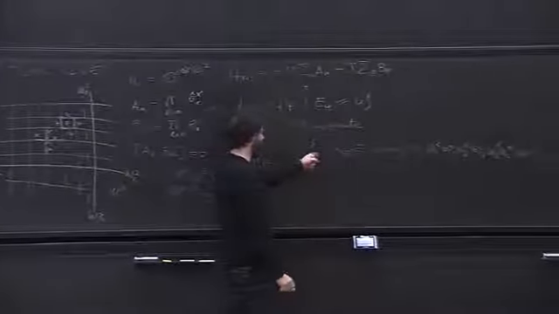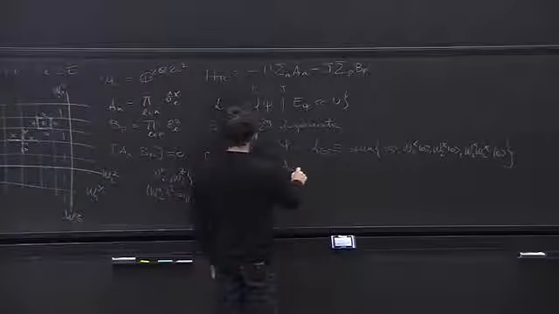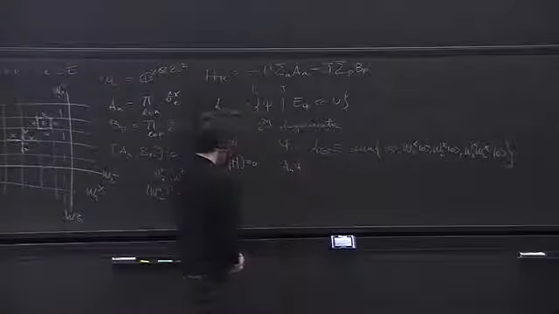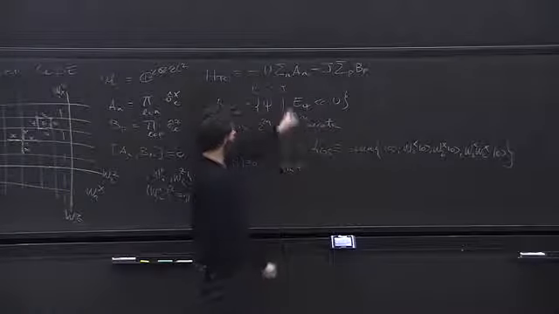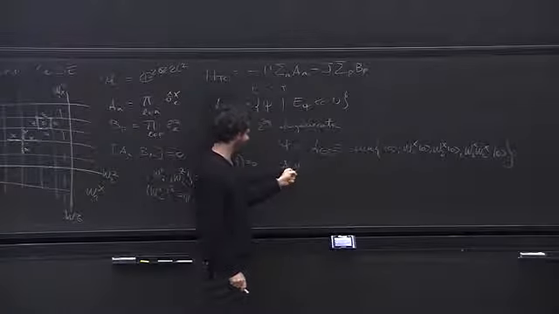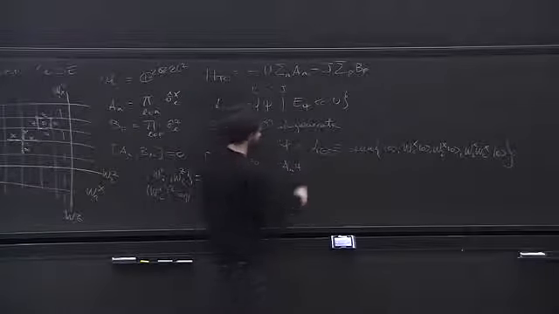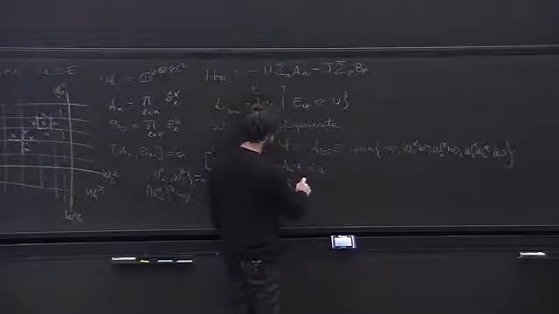So if psi belongs to the ground state, AN psi, basically by definition, because our ground state is defined as those such that these operators have eigenvalue 1, is equal to psi, and BP psi is equal to psi.